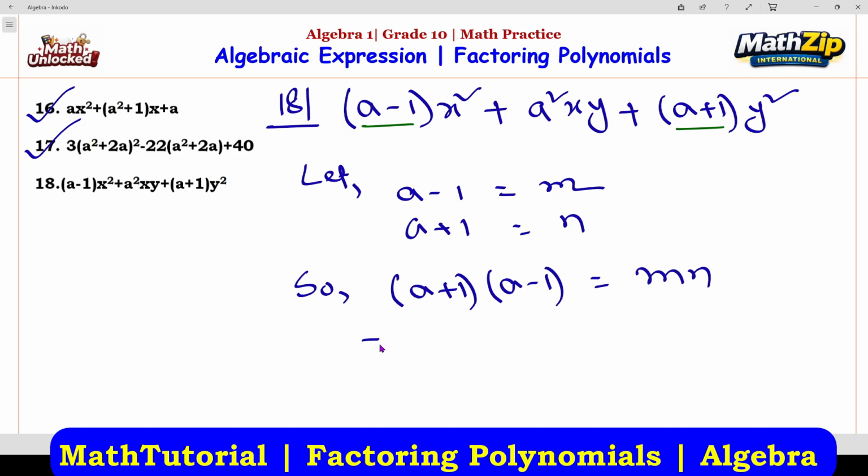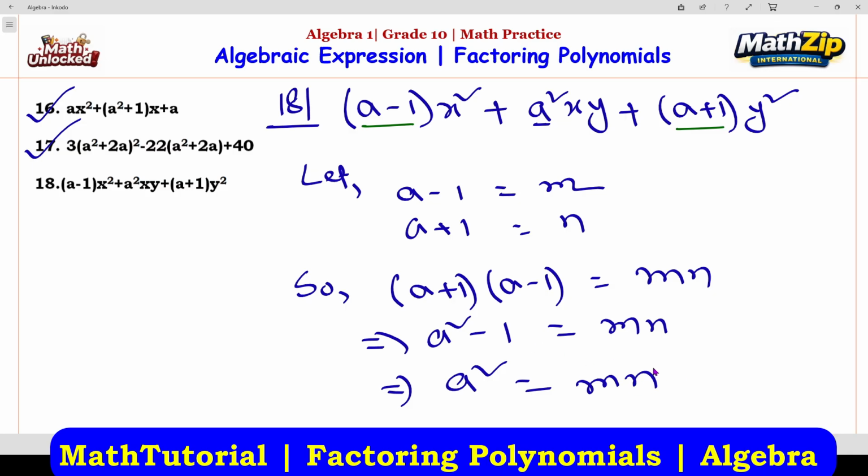It means we can write a square minus 1 equals mn. Why are we doing this? Because here is a square, so we have to do something. Then a square minus 1 equals mn, and we add 1 to both sides, so we get a square equals mn plus 1. We just keep this one, and next we will use it.